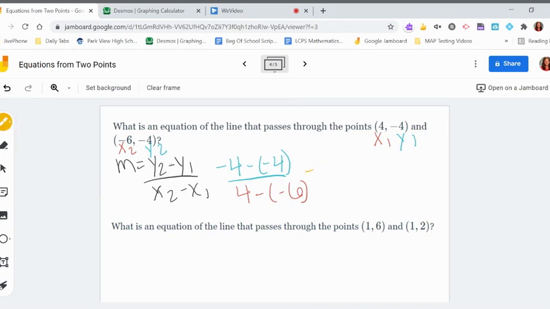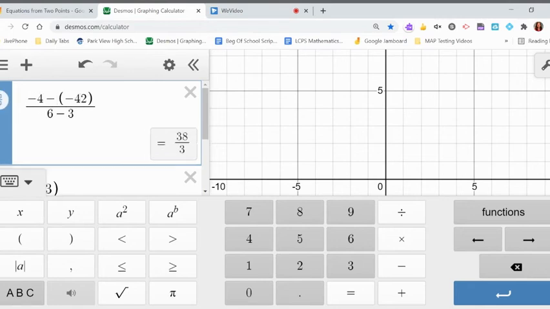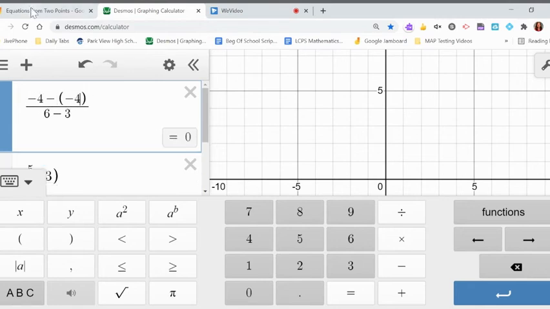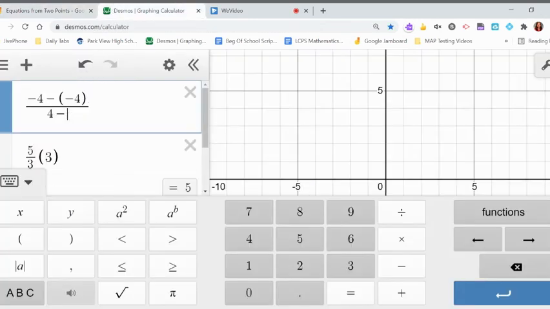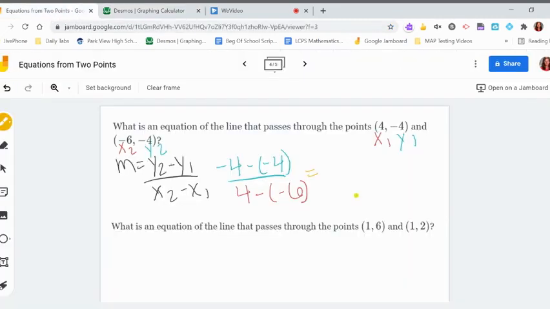And when I put that in, okay, I have negative 4 minus a negative 4, which is 0, and then I get 4 minus negative 6, which is 10. All right, I get 0. So 0 is going to be a special one. Remember, 0 is my horizontal line. So that's a y equals. So my answer is going to be y equals. If you notice, the y coordinates are the same, negative 4.